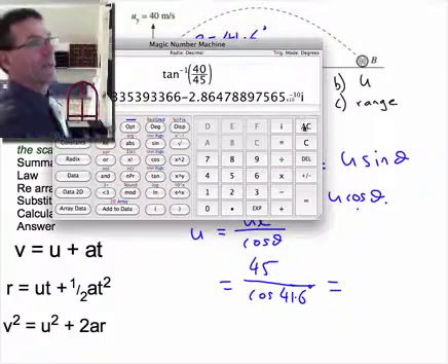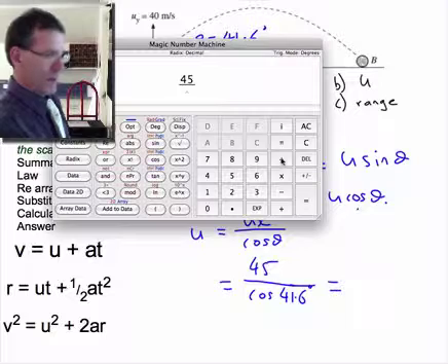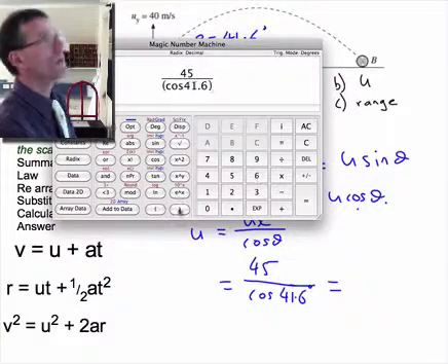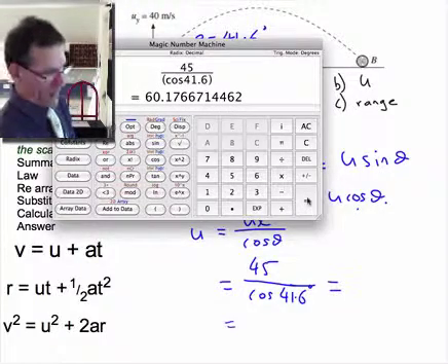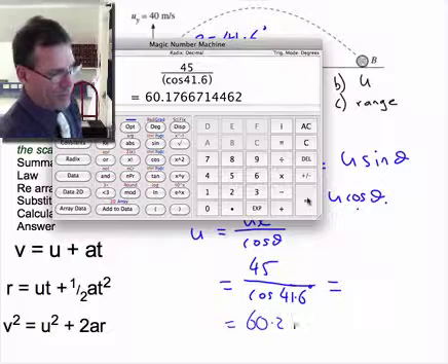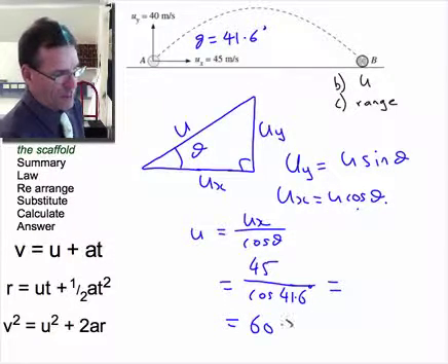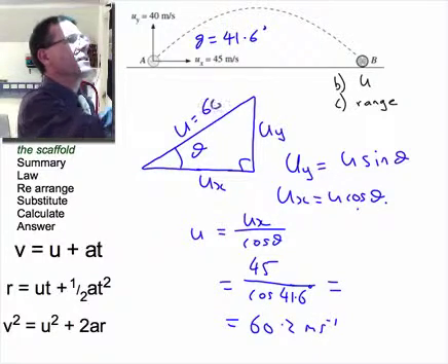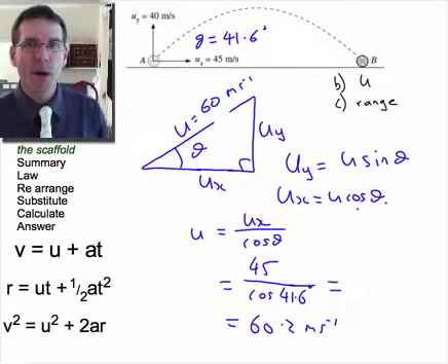Grabbing our calculator again, that's around about 60.2 meters per second. So u is roughly 60 meters per second. There we are, we've done the u part of it.